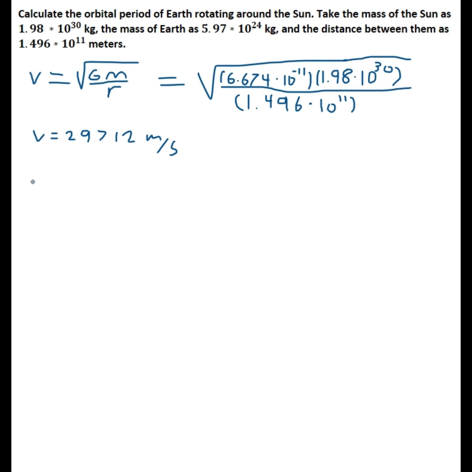Now, to calculate the distance Earth travels in one rotation, or one period, it's equal to the circumference, because we're going to assume it's a circle, which is just equal to 2 pi times the radius. So the distance it travels is equal to 2 pi times 1.496 times 10 to the 11 meters.